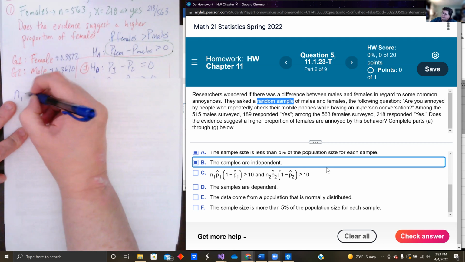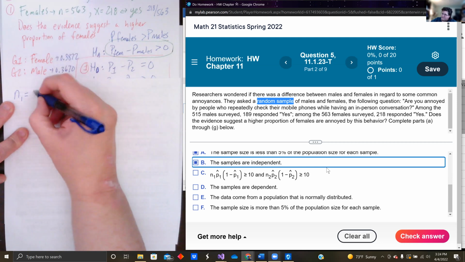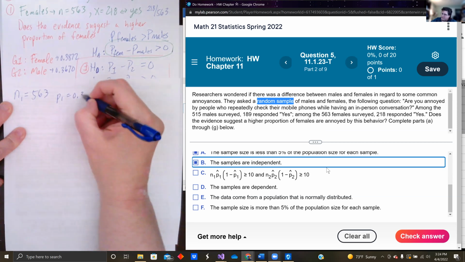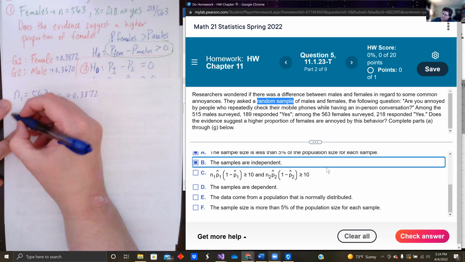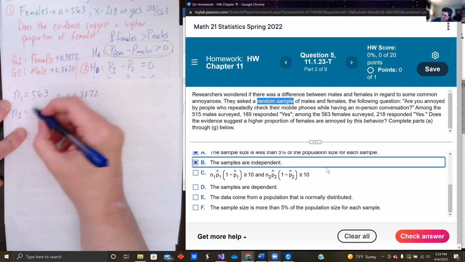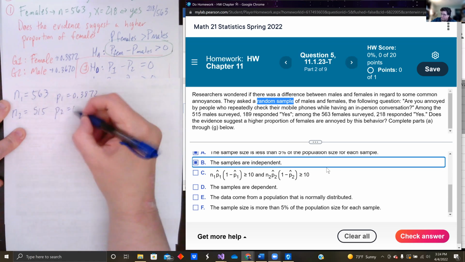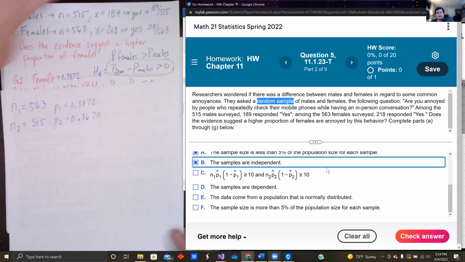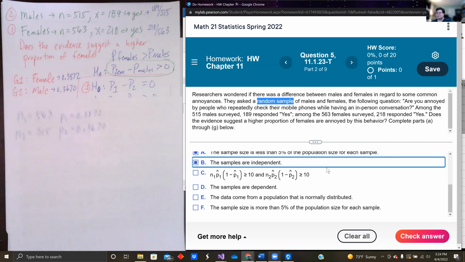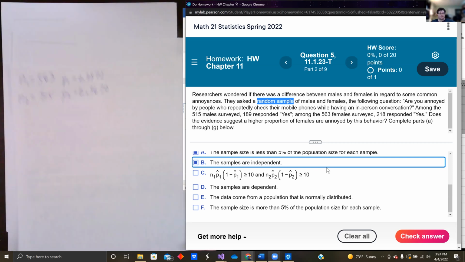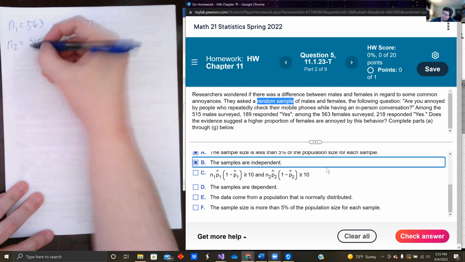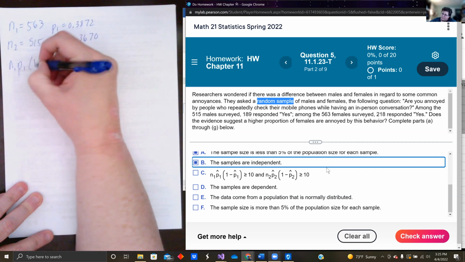My n1 for females is 563, and I have my p1 right there, 0.3872. I'm just writing these down so I can get rid of the other pages in my way. So that was males and females. I've got my information. Now n1 times p1 times 1 minus p1.